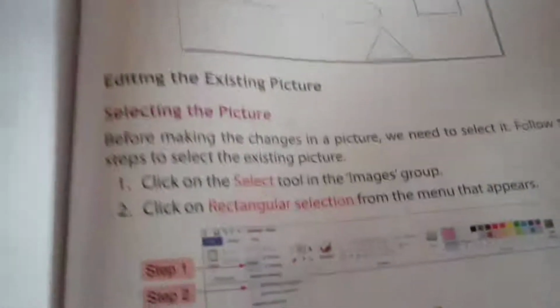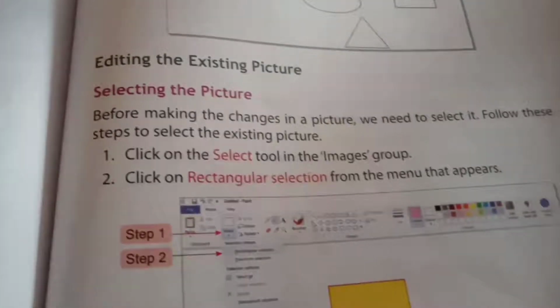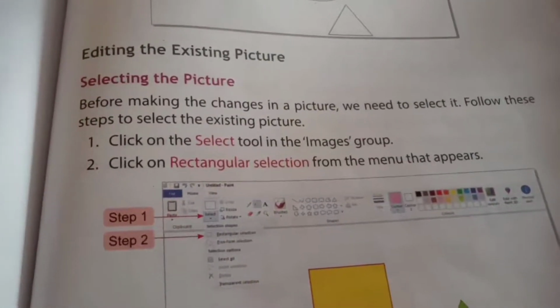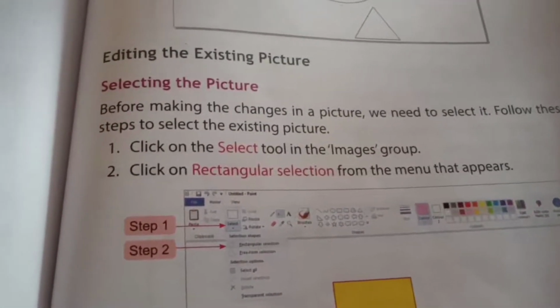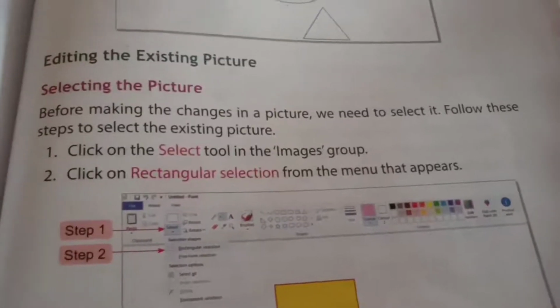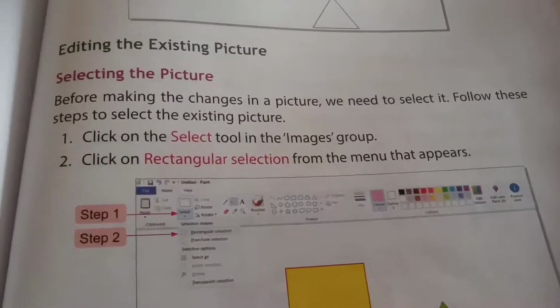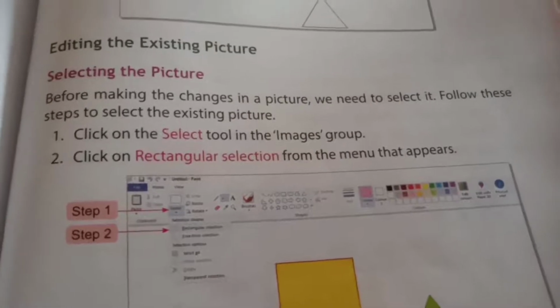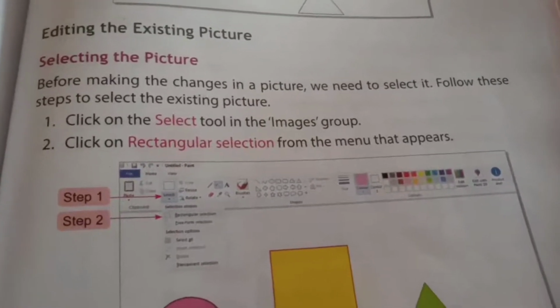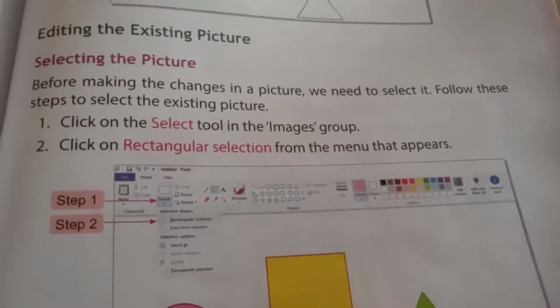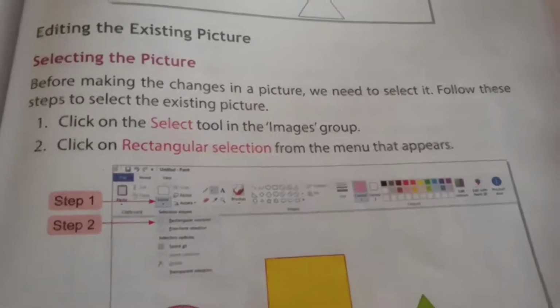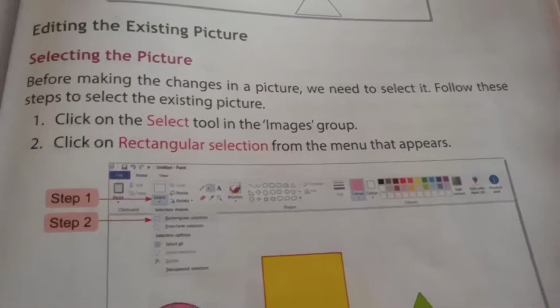Now, editing the existing picture. Selecting the picture. Before making changes in the picture, we need to select it. Follow these steps to select the existing picture. Number 1, click on the Select tool in the Images group.